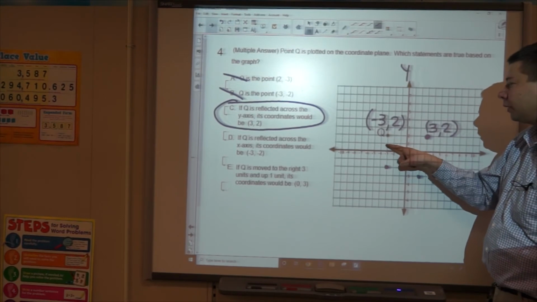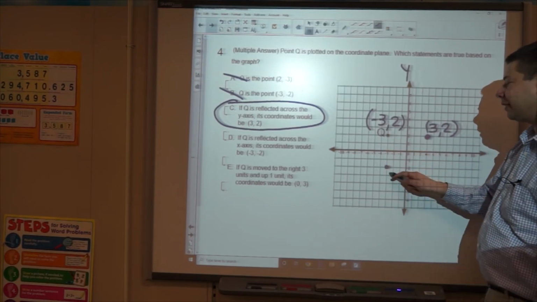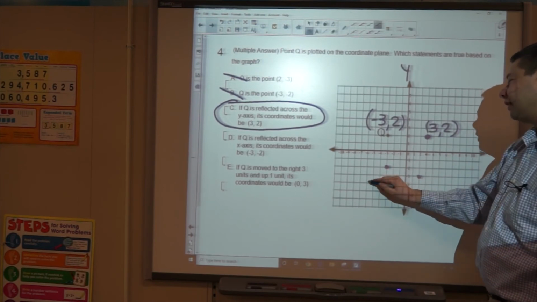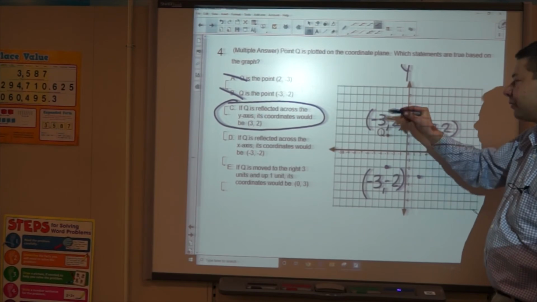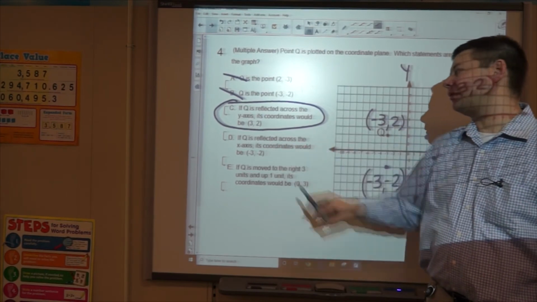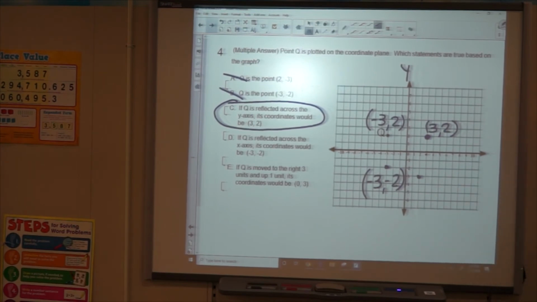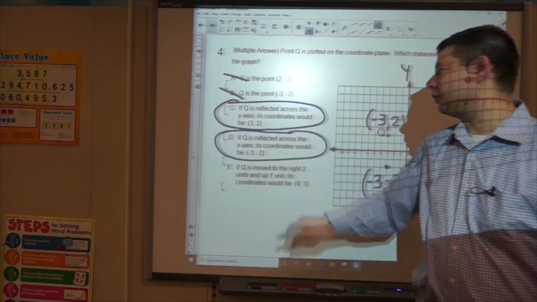But here I notice I'm 1, 2 away from the x-axis. So I'm going to go 1, 2 away on the other side. And right here at this point, which is -3, -2, would be the reflection of Q over the x-axis. So if Q is reflected across the x-axis, its coordinates would be -3, -2, and that indeed is correct. So I'm going to go ahead and circle that.